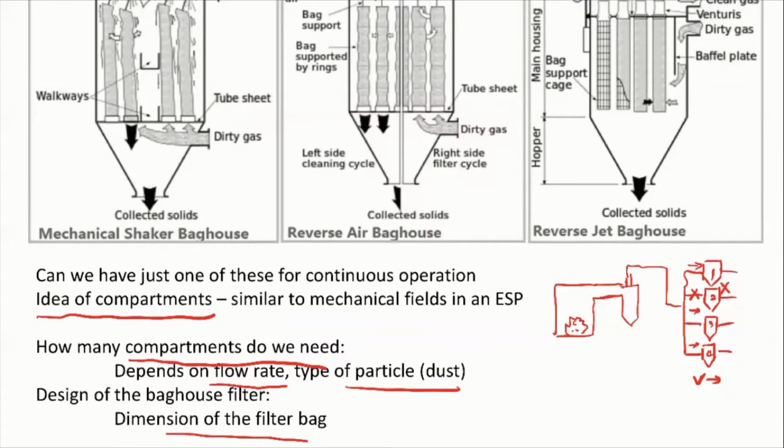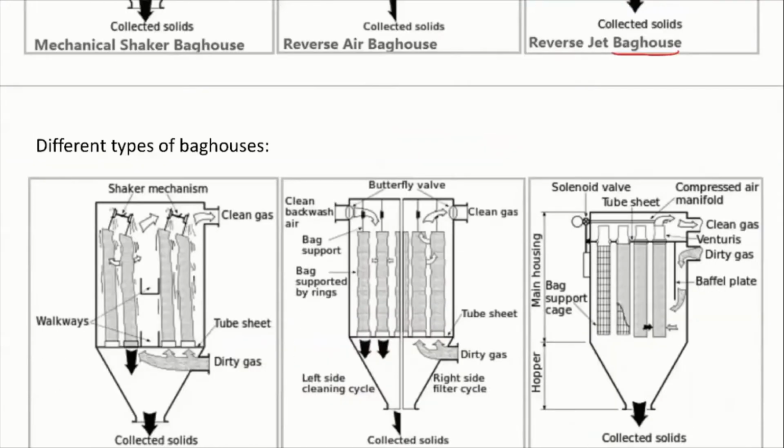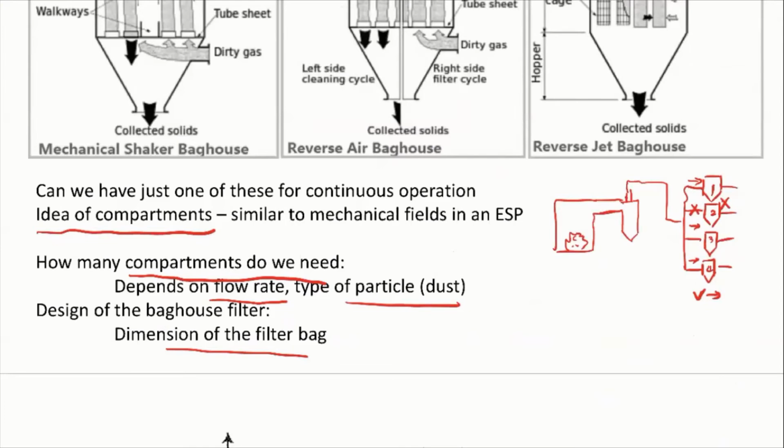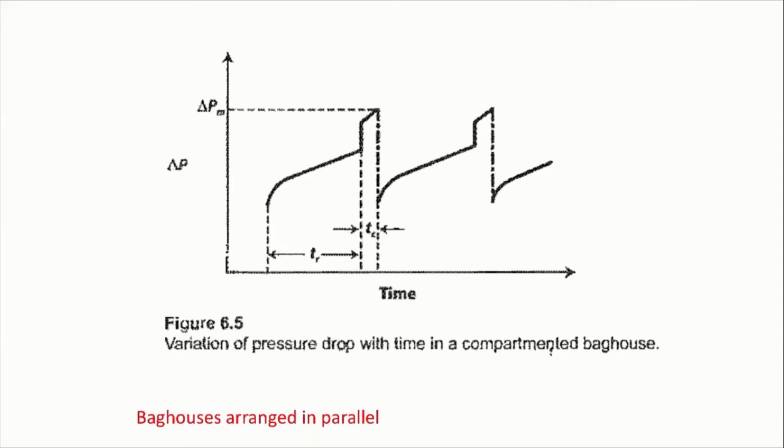Also, since we know that the pressure drop is proportional to the velocity, we know that during the cleaning cycle, the pressure in the system will become higher, mainly because we get rid of one of the compartments in the system, right? So that's why we can see this response of the pressure in the system. This is basically the variation of pressure drop in a compartmented baghouse.